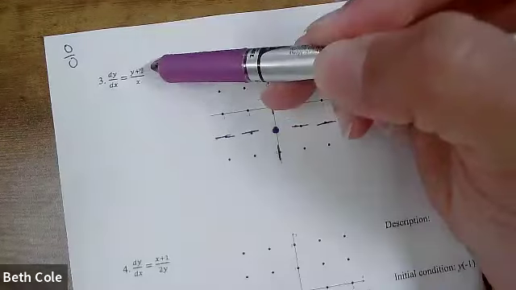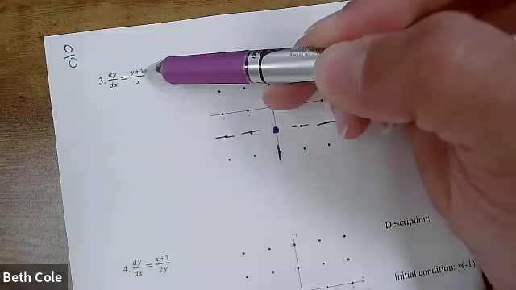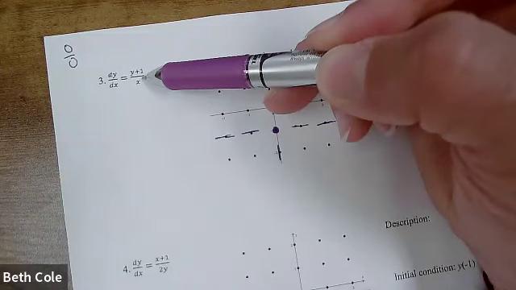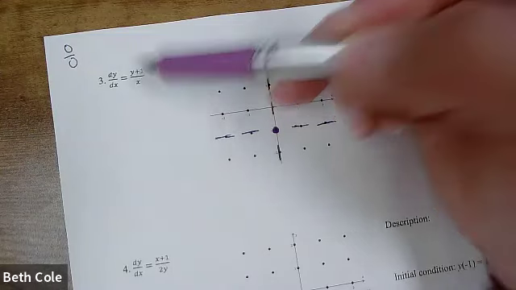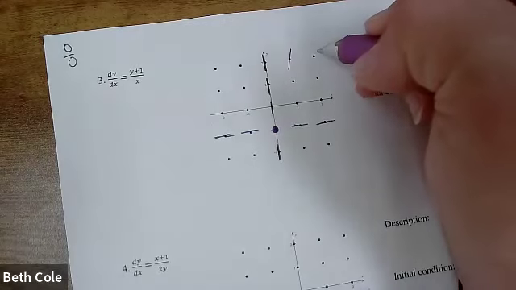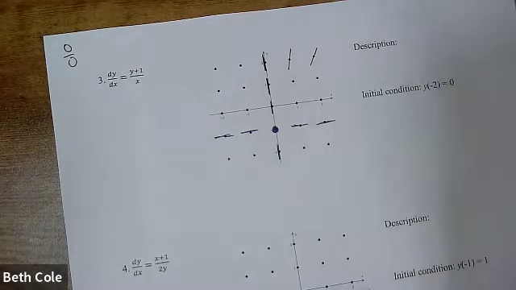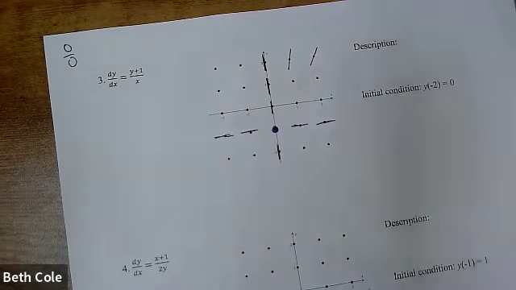If you plug in 2 for x and 2 for y, you're going to get 3 over 2, which is 1.5. So if this was 3, 1.5 should be a little bit less steep. Good enough. You have to take a few deep breaths. It's going to be okay. Trust the process. It's not going to look like much until you finish the whole thing.